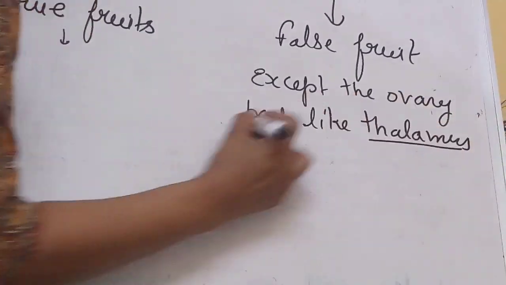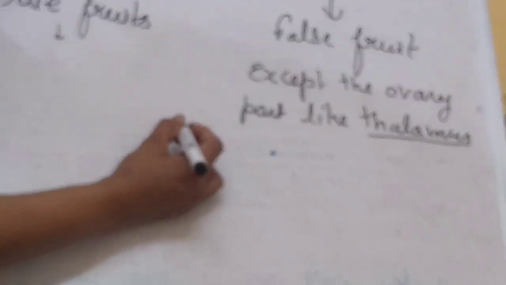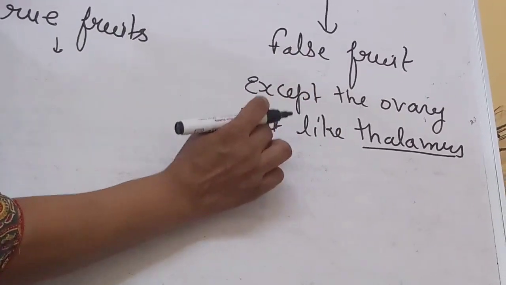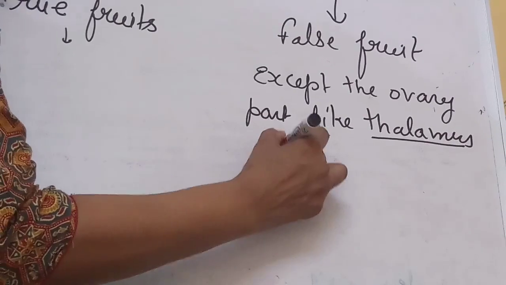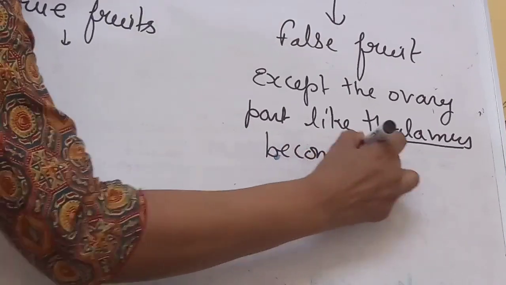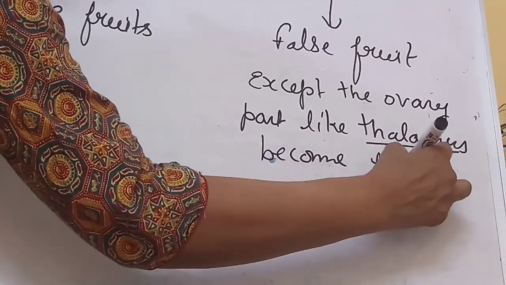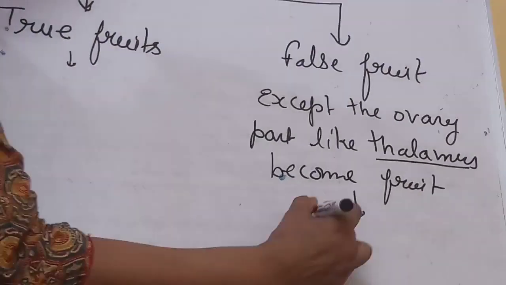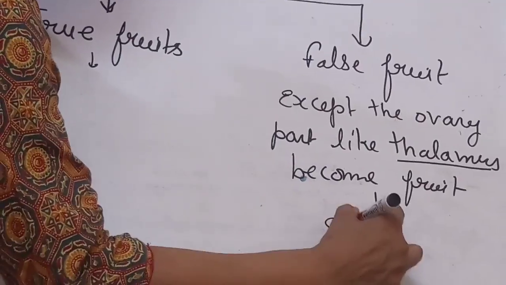If we eat the thalamus, that edible part is the thalamus. We can see this in apple.